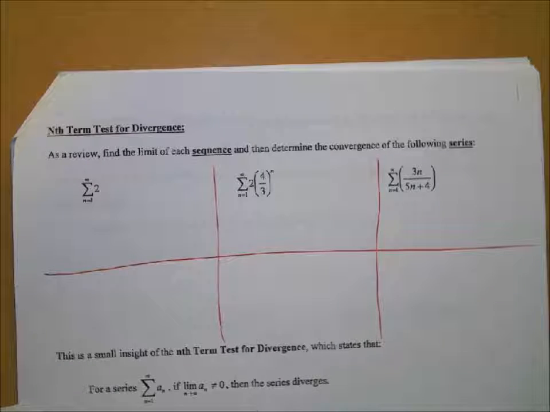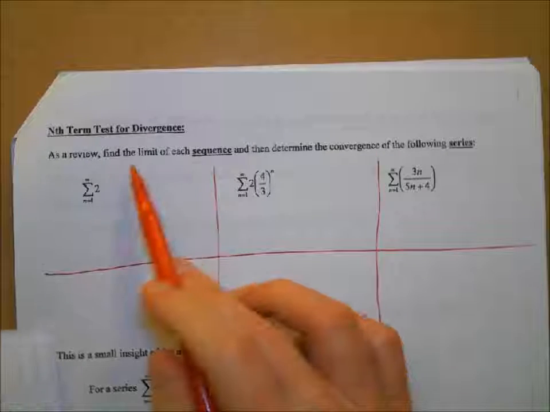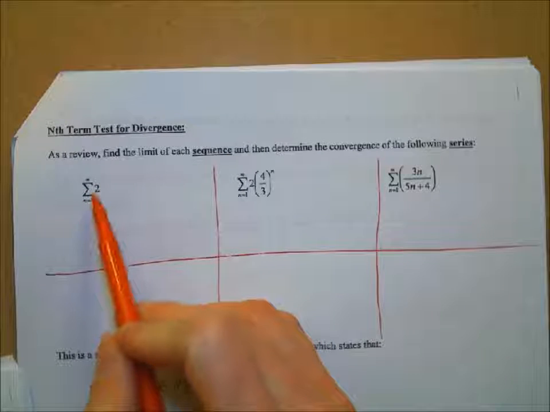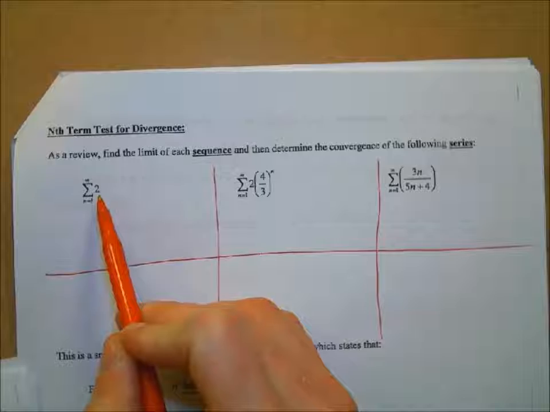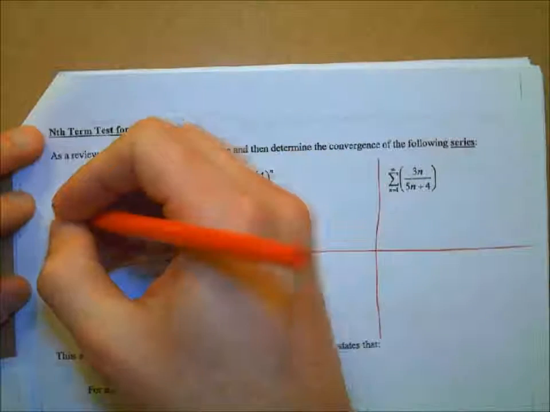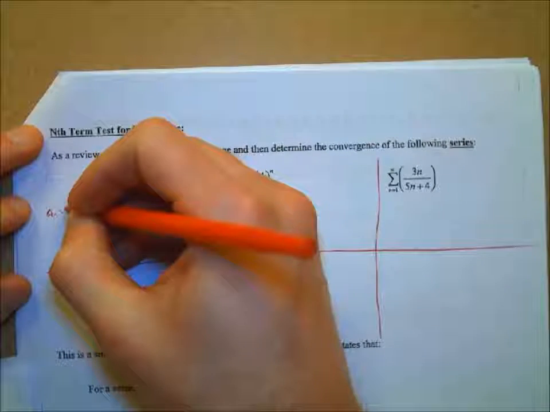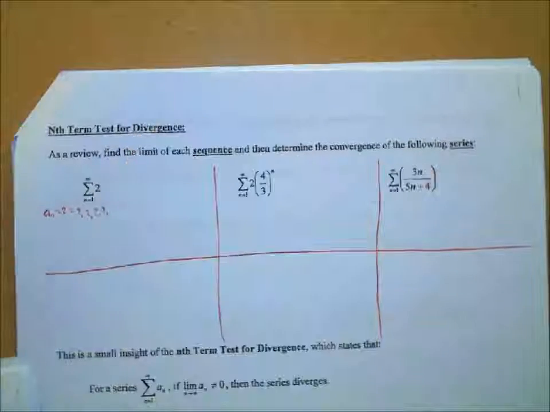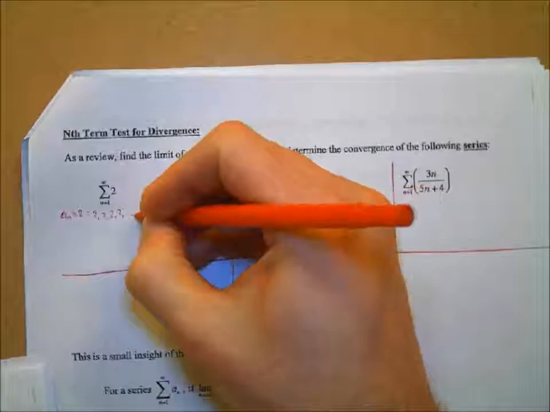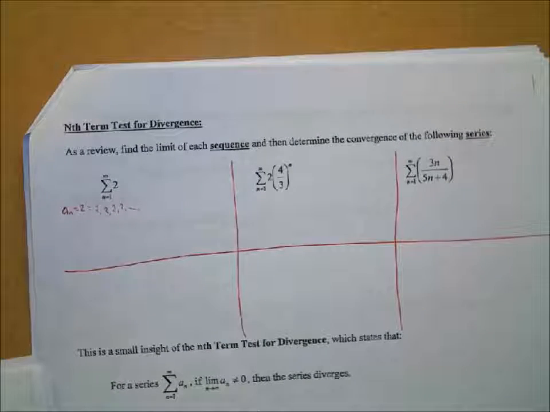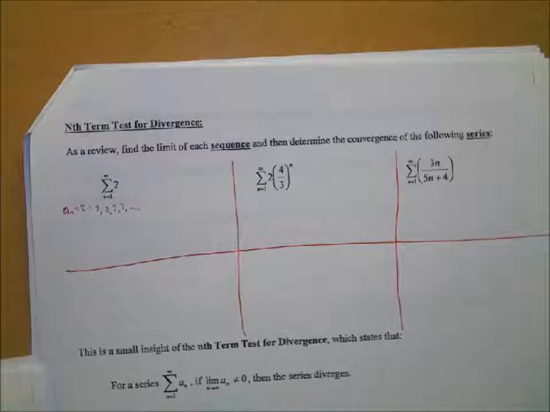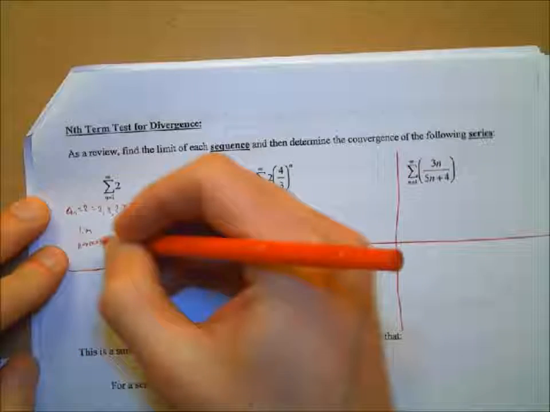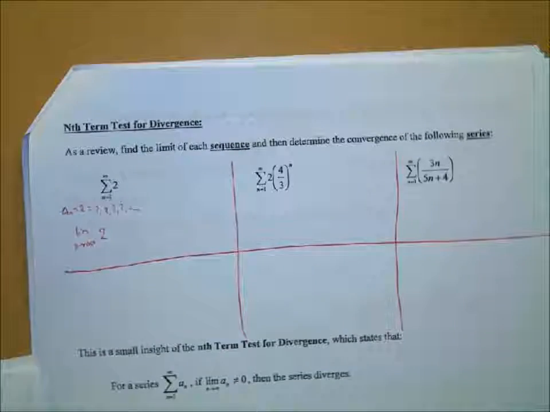The first thing it asks us to do is find the limit of each sequence. The sequence a sub n here is just 2, which means it'll be 2, 2, 2, 2 in the sequence. Remember, a sequence is just the list of the numbers. So we take the limit of that sequence, which is the limit as n approaches infinity of just plain old 2.